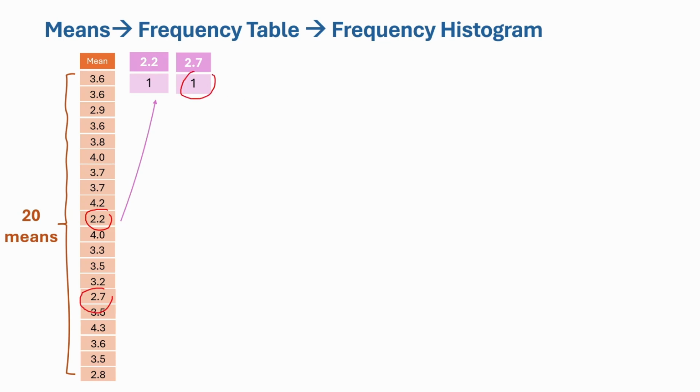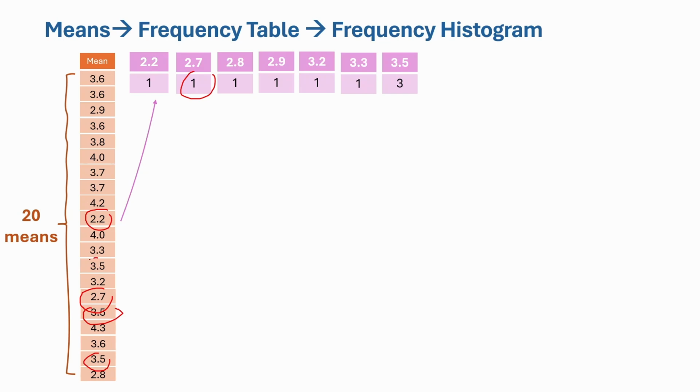And we can go one by one, and then we can create a frequency table. A lot of numbers have the frequency of 1. And when we get to 3.5, we can see that the frequency is 3. So you can see there's one 3.5, two 3.5, and there is another 3.5, so we have three 3.5s in total.